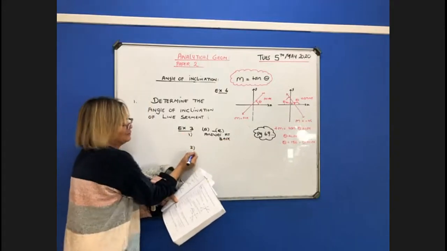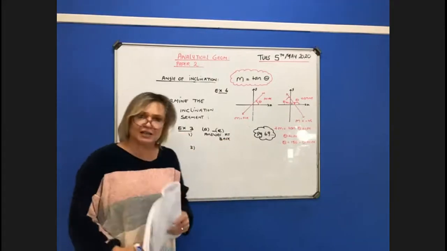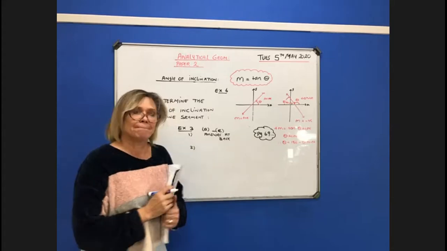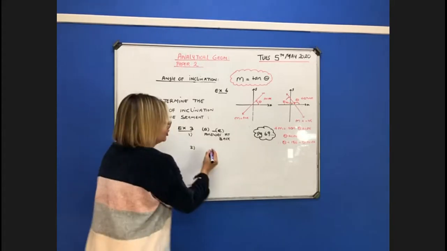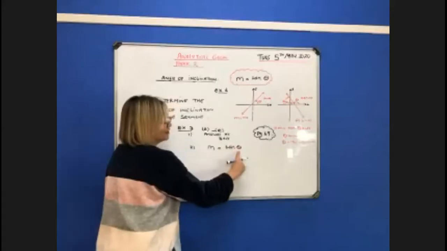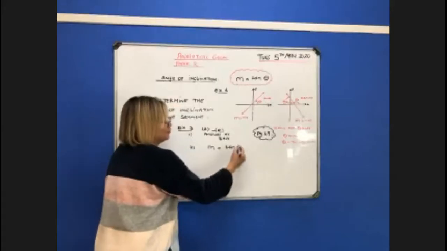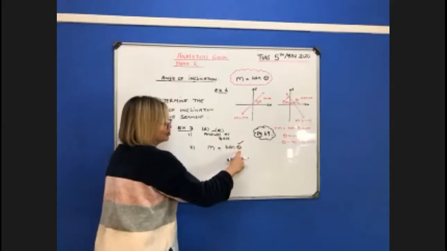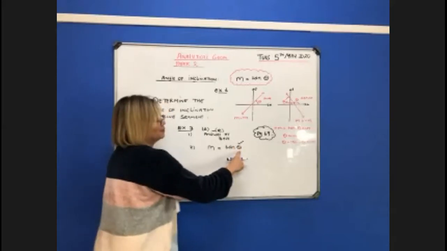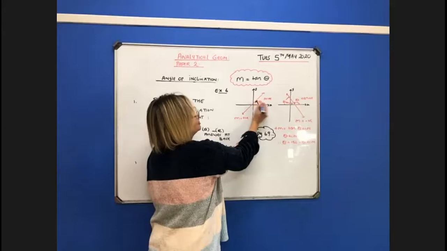Now sometimes we use angle of inclination backwards. So if the gradient equals tan of the angle of inclination, and you know the angle of inclination, let's pretend it was 30 degrees.